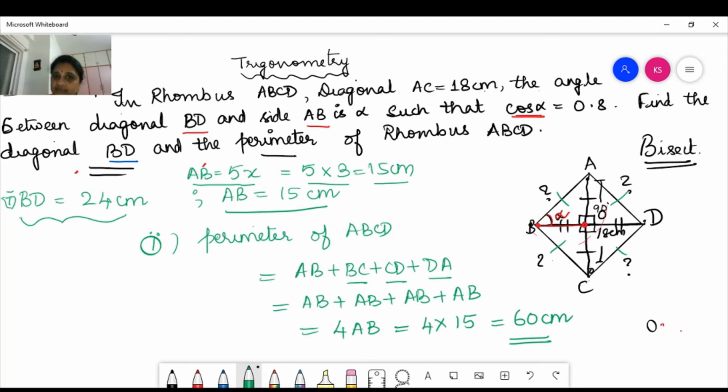So in this question, we saw how to apply the Pythagoras theorem and find the unknown side given the two sides. Not only that, we saw the property that the diagonals of a rhombus bisect each other perpendicularly. And then we found out the unknown measure of the side OB of this triangle ABO using cos alpha is equal to 0.8.